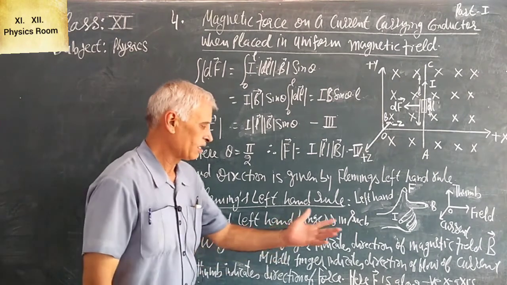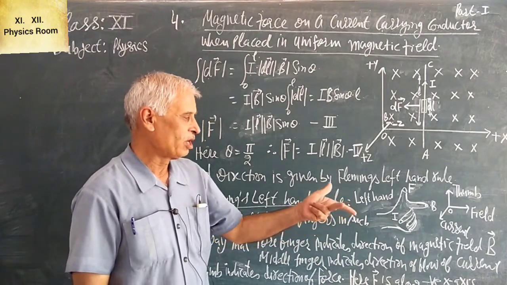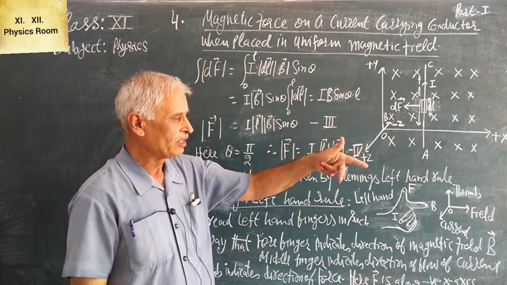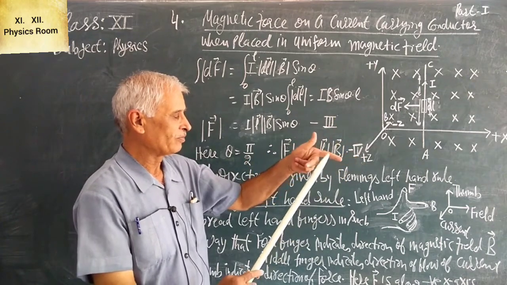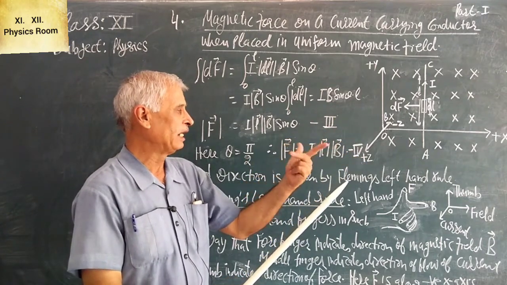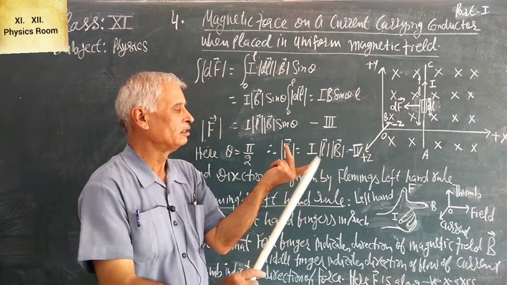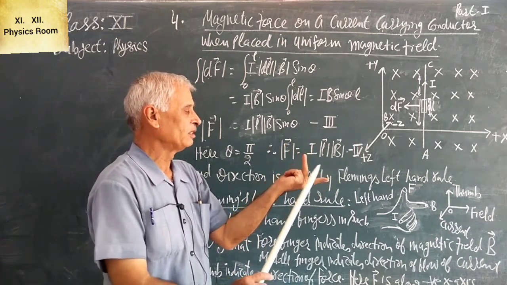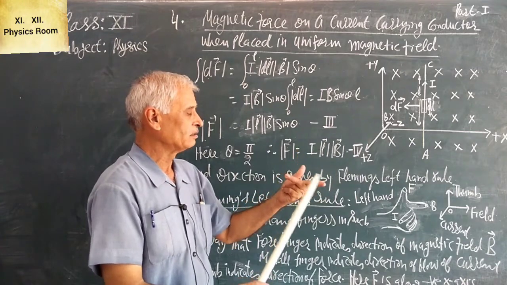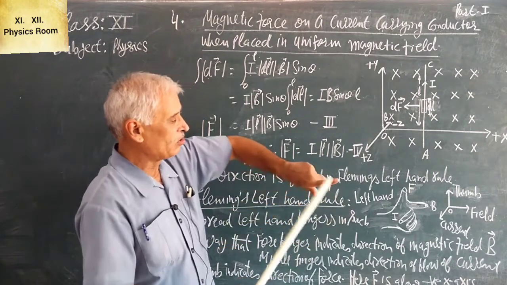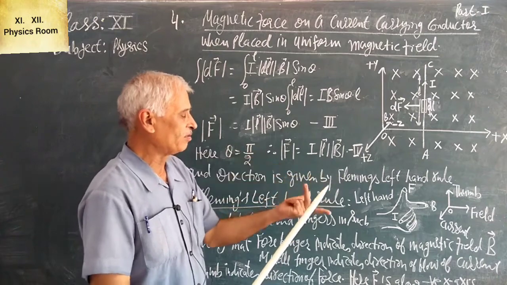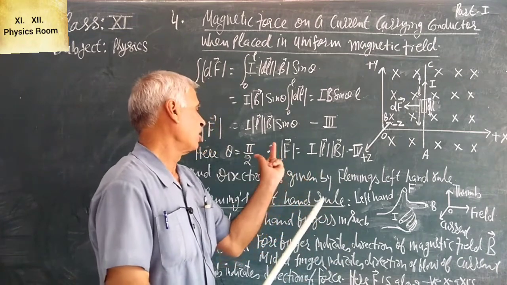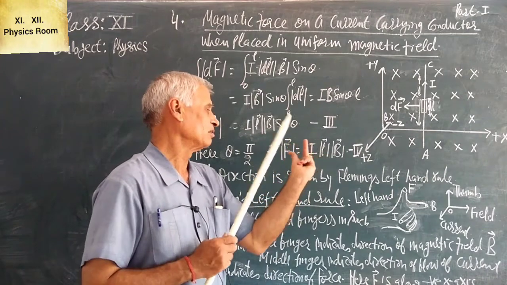Now see, this is my left hand, and you are to separate the fingers like this, in such a way that the forefinger indicates the direction of the magnetic field. Here the magnetic field is along the negative z-axis.